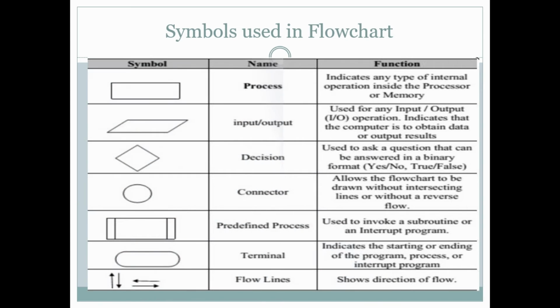Here are the symbols used in flowcharts. The rectangle shape is used to define the process, and the parallelogram indicates input and output. The diamond shape indicates the decision taken in the program.